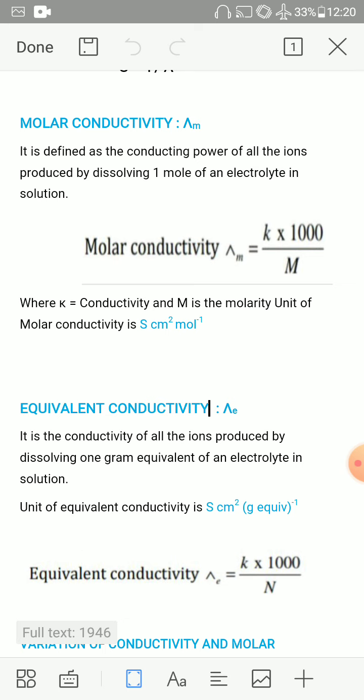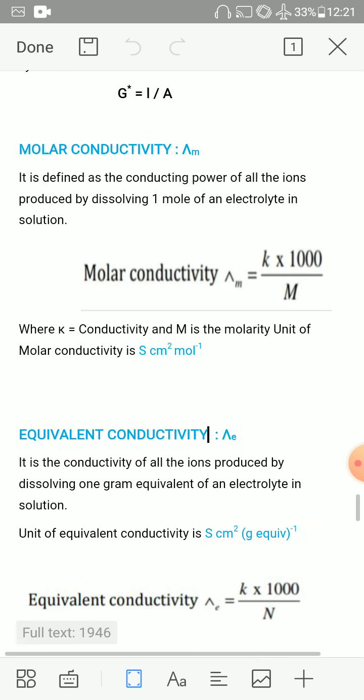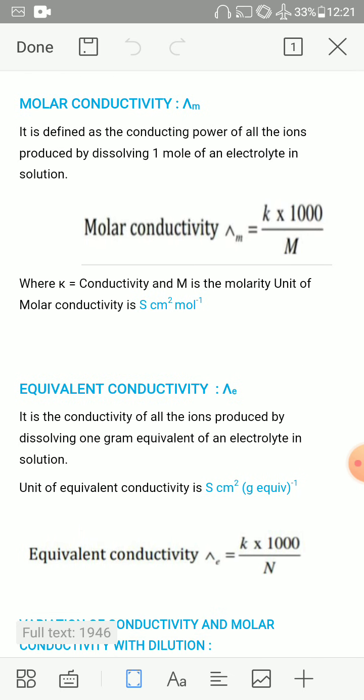But in case of equivalent conductivity, you have to calculate the conductivity of all ions present in 1 gram equivalent of an electrolyte. That's why it is equivalent conductivity.